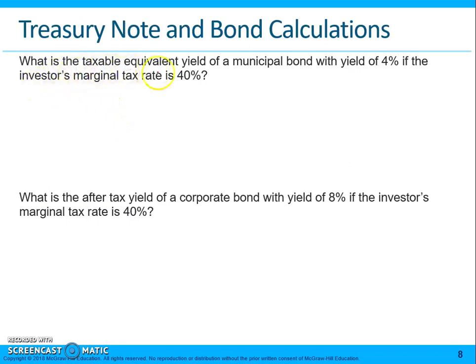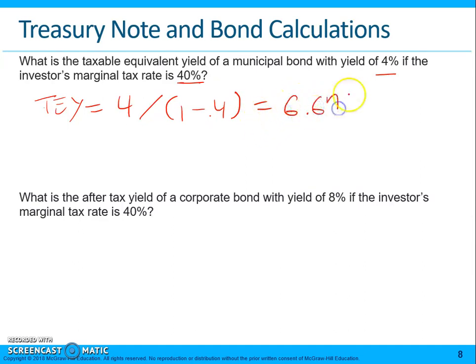first one here, we've got a taxable equivalent yield of a municipal bond with a yield of 4%, and the investor's marginal tax rate is 40%. So we'll abbreviate TEY for taxable equivalent yield is simply 4 divided by 1 minus 0.4, and that number is 6.67%.